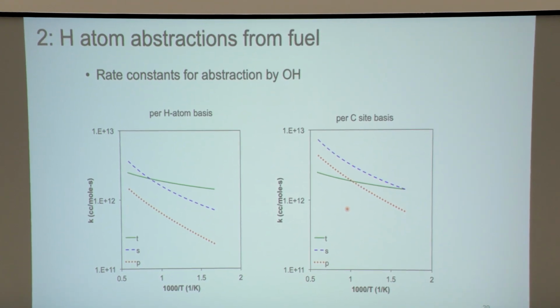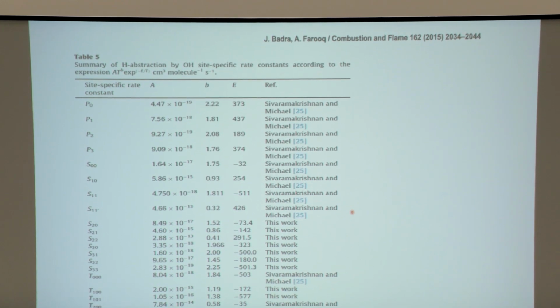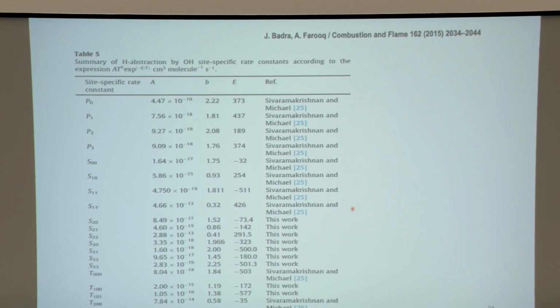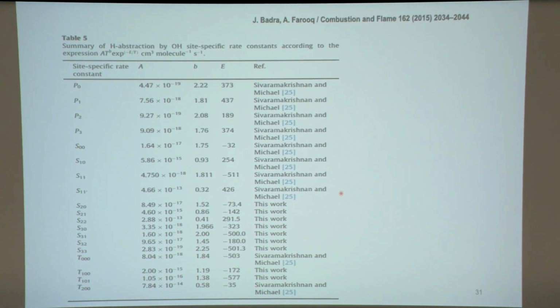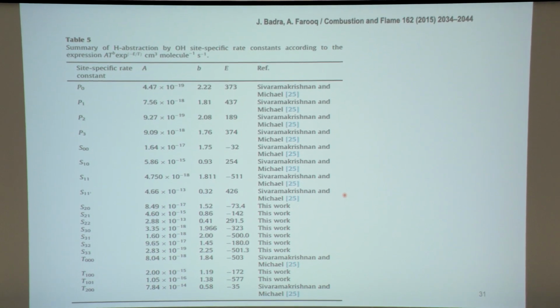And then I went on to show these nice, even more elegant rate rules from groups at KAUST and Argonne National Lab, which were actually measured, right? Measured in shock tubes. And again, how did they do this?